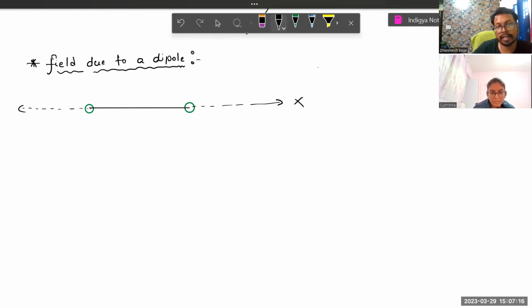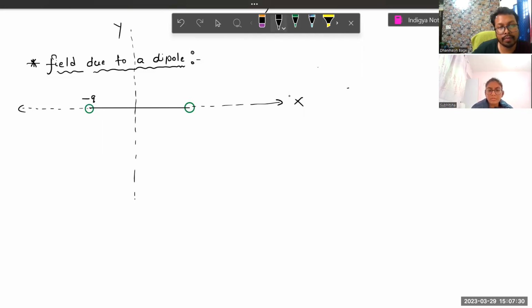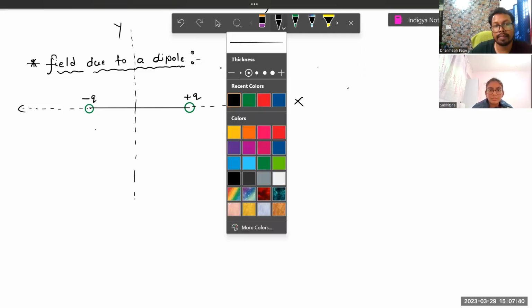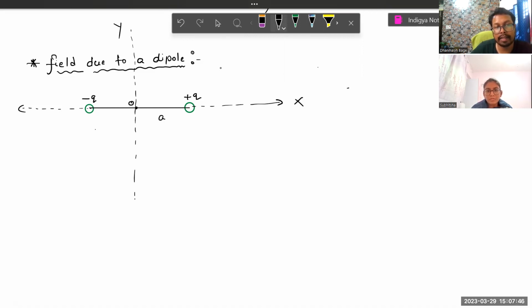Let us say that this is the x-axis and this is the y-axis. This is minus q, this is plus q. It is a dipole. For the sake of simplicity, we'll consider this the midpoint and take the origin over here, and consider this distance to be a and this distance to be a. So the total distance, the dipole length, L will be equal to 2a.